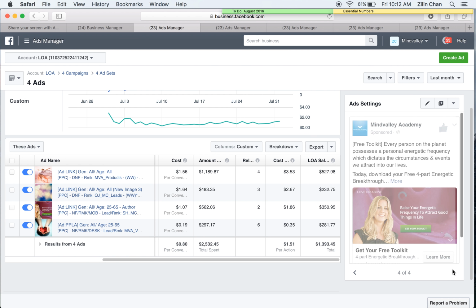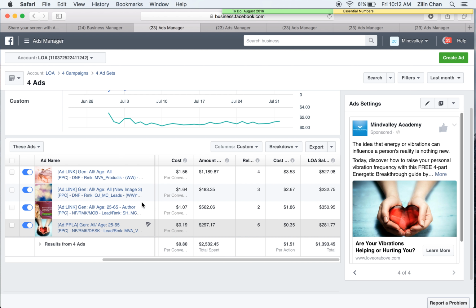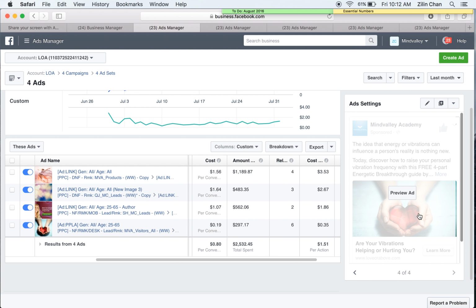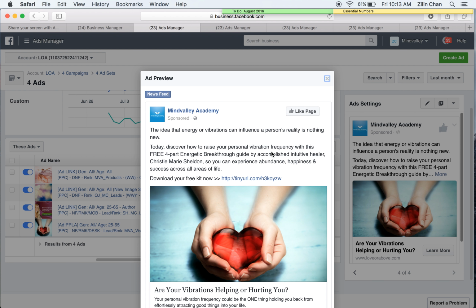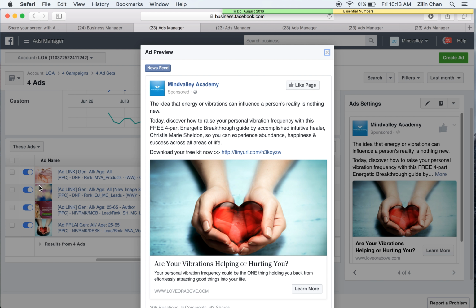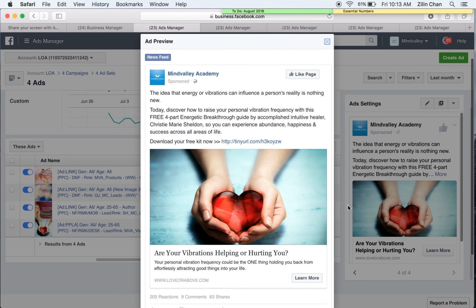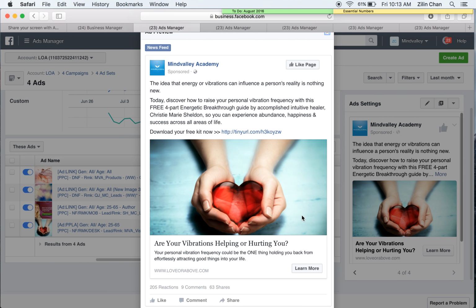The last ad is a remarketing ad to Mind Valley Academy visitors. It's a desktop ad as well. The ad copy is generally the same, kind of copy and paste, but see how the ad images differ. This one obviously appealed to the Mind Valley Academy visitors. This one was from a Shutterstock image.